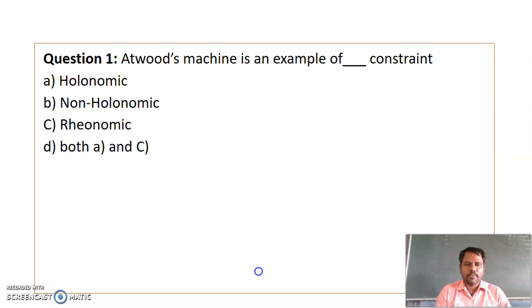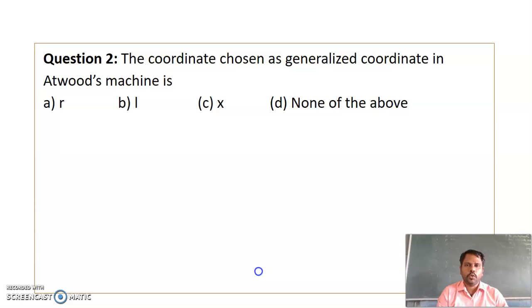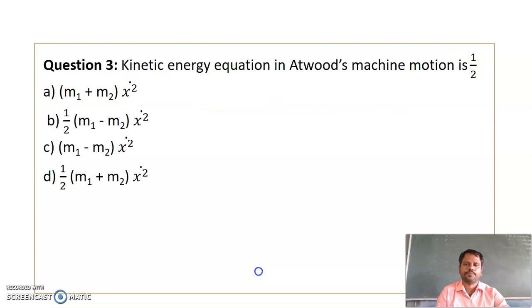So now let's have a small MCQ session. Question number 1. Atwood's machine is an example of dash constraint. Here we have seen it is an example of holonomic constraint. Question number 2. The coordinate chosen as generalized coordinate in Atwood's machine is x. So the answer is option C. Question number 3.